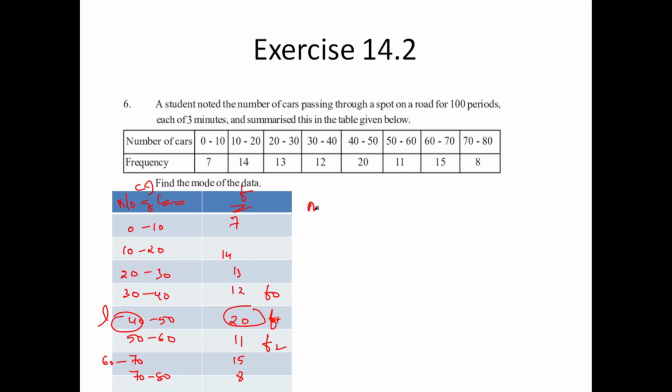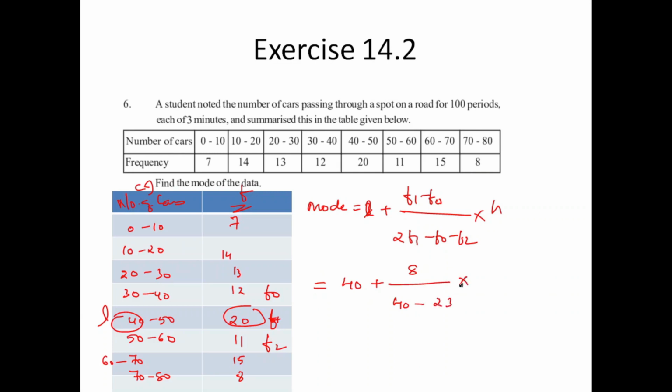So here the mode of this given data, that is, I'm sorry, L plus F1 minus F naught, right? 2 times of F1 minus F naught minus F2, into H value. So the mode of this given data, that is L value is 40 plus F1 minus F2, that is your 8, by 2 into F1 is your 40 minus F naught plus F2, you are adding, this is your 23, into H value is 10.